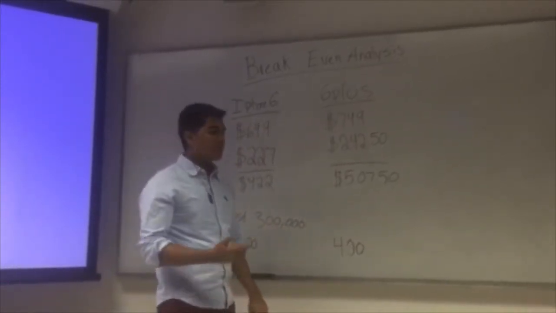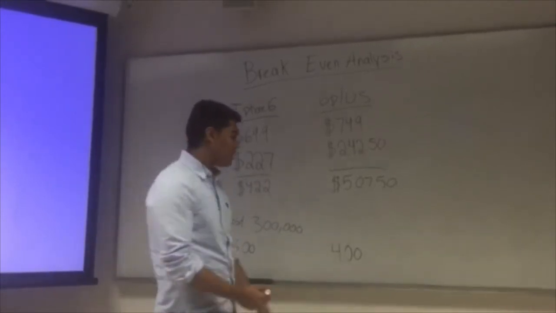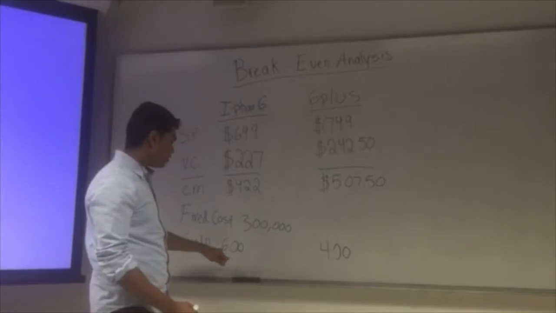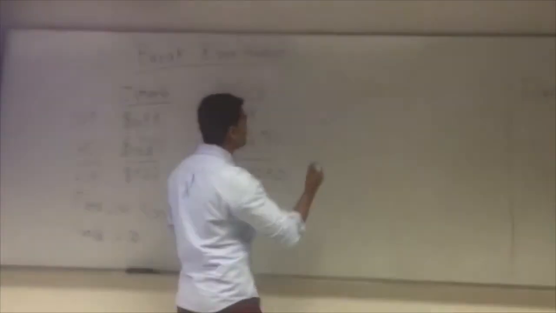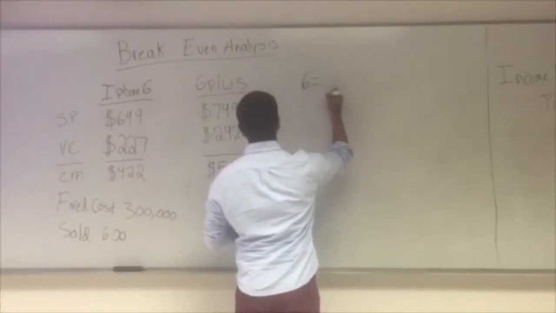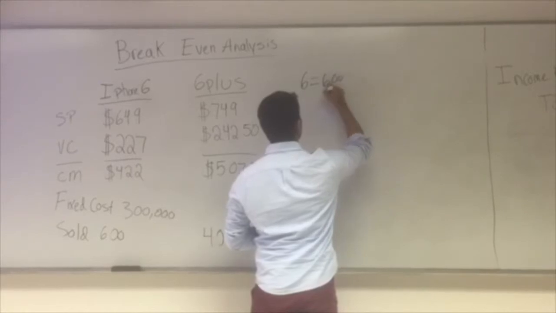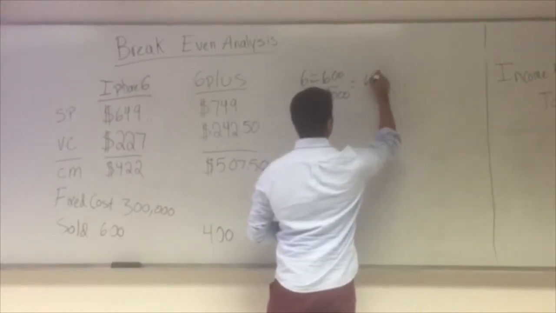Now, to find the break-even point, the first step is to find the sales mix. So now, sales mix would be, for iPhone 6, the units sold divided by the total of the two. So that would come up to 600 divided by 1,000, which gives us 0.60.